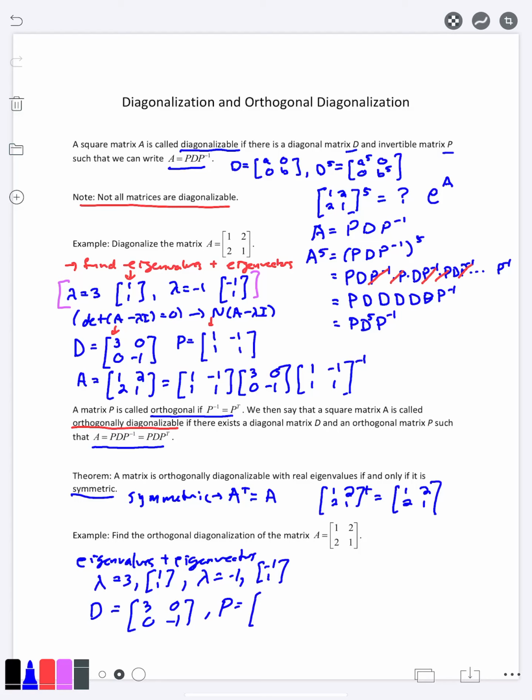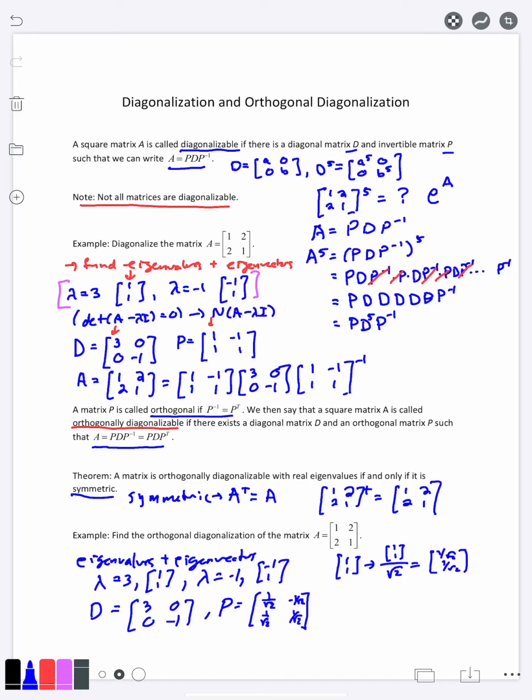And the only difference here is that when I make my P matrix, instead of just copying down the eigenvectors, I'm going to turn the eigenvectors into unit vectors and then put them in. So if I want to make 1, 1 into a unit vector, I divide by its length, which is going to be √2. And that's all I'm going to do. Put this 1 over √2, 1 over √2. And the second one's going to become -1 over √2, +1 over √2.